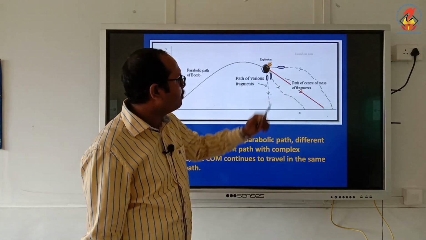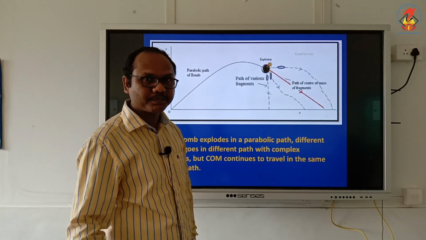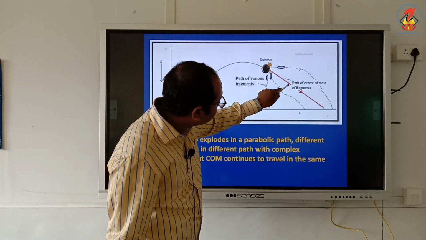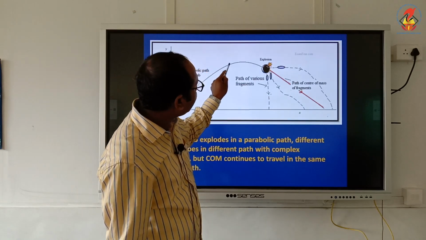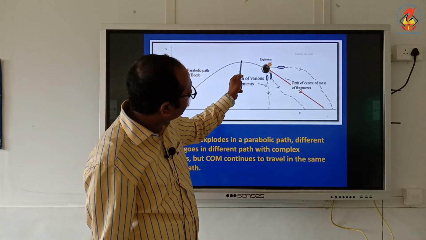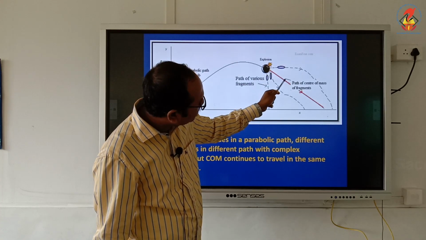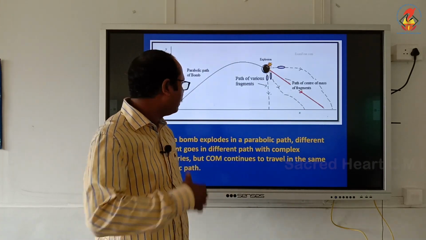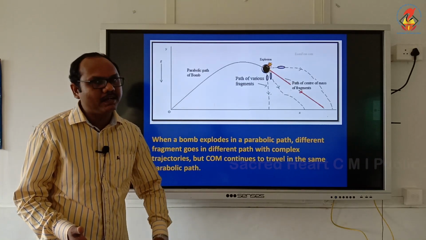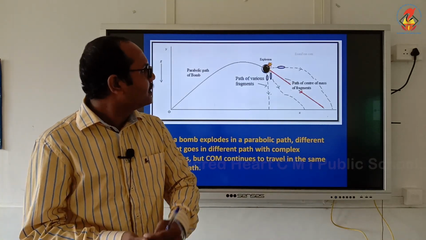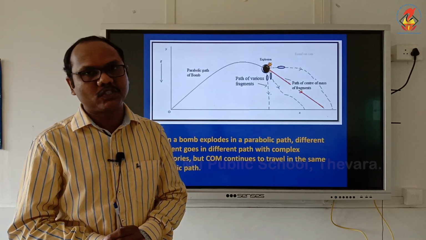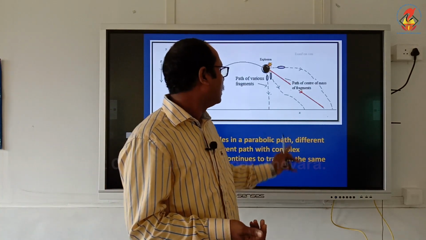Different fragments go off in different directions, but the center of mass will continue along the same parabolic path. This was the initial parabolic path. The center of mass continues the same parabolic path and comes here. So, different fragments will fly off in different directions, whereas the center of mass will continue to move in the same parabolic path.